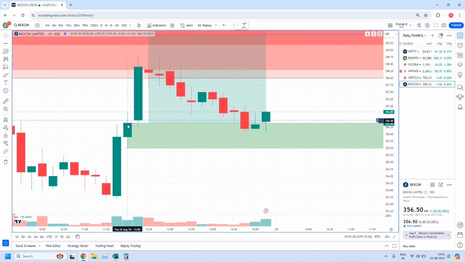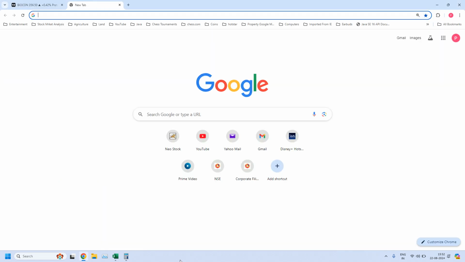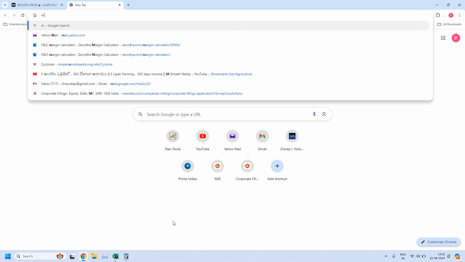This is a rally base rally here, the close of this candle, 356.40 paisa. That equals 2 rupees 60 paisa profit you would have got. So margin, zero the margin calculator.